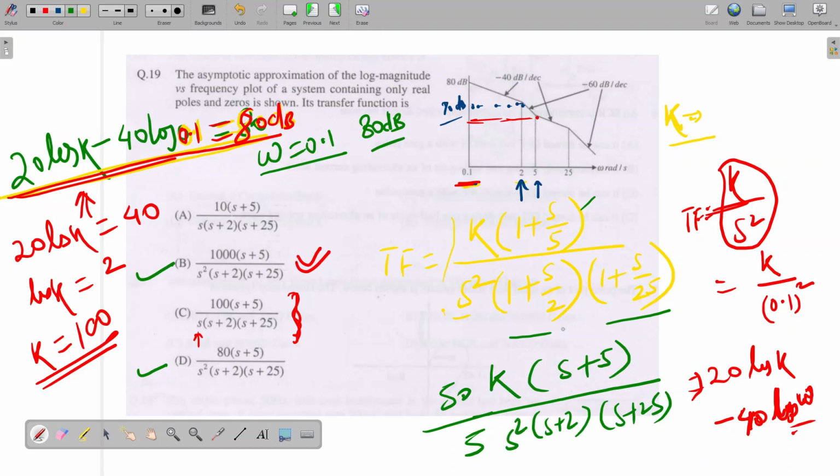This 25 into 2 will go in the numerator and this 5 will come in the denominator, so 10 extra is there. So 10 into 100, that will be 1000 times s plus 5 divided by s square into s plus 2 into s plus 25. So option B is the correct option. Is it clear to all?